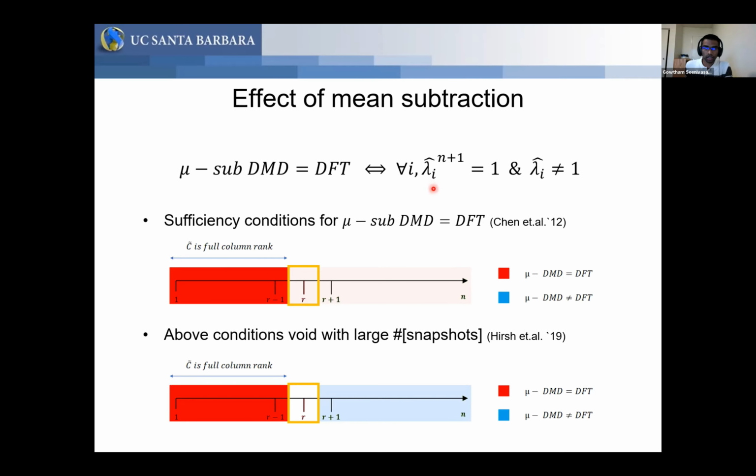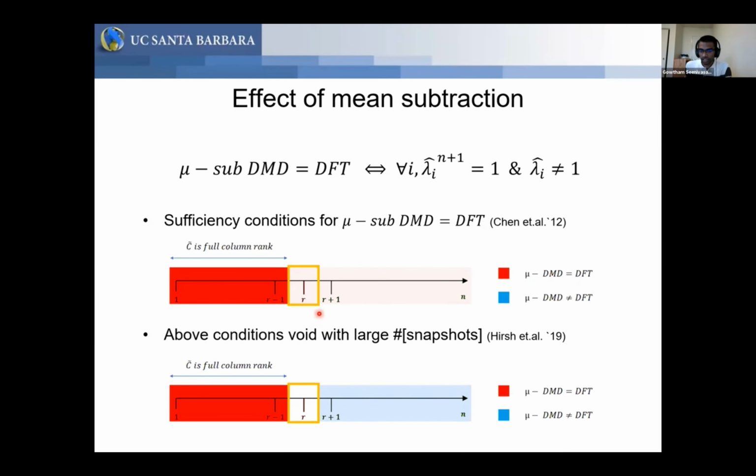You're saying that all your mean subtracted DMD eigenvalues are the n plus 1 roots of unity except for 1. The work that started this line of investigation provided sufficiency conditions for this to be met. In the finite dimensional setting that we are looking at, you can represent that with this diagram. It essentially says when n is less than r and you have C tilde full column rank, then you have an equivalence of mean subtracted DMD and DFT.